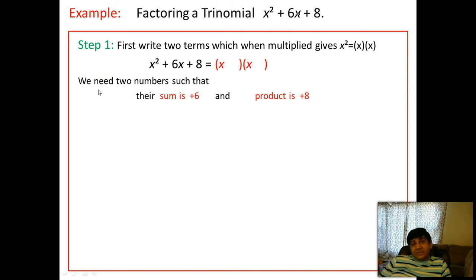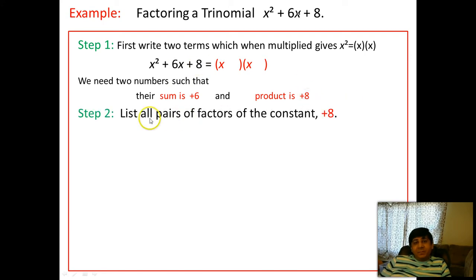Next, we need two numbers such that their sum is 6 and their product is 8. The 6 has to be the sum of those two numbers, and their product has to be 8. Let's list all the factors of the constant term plus 8.